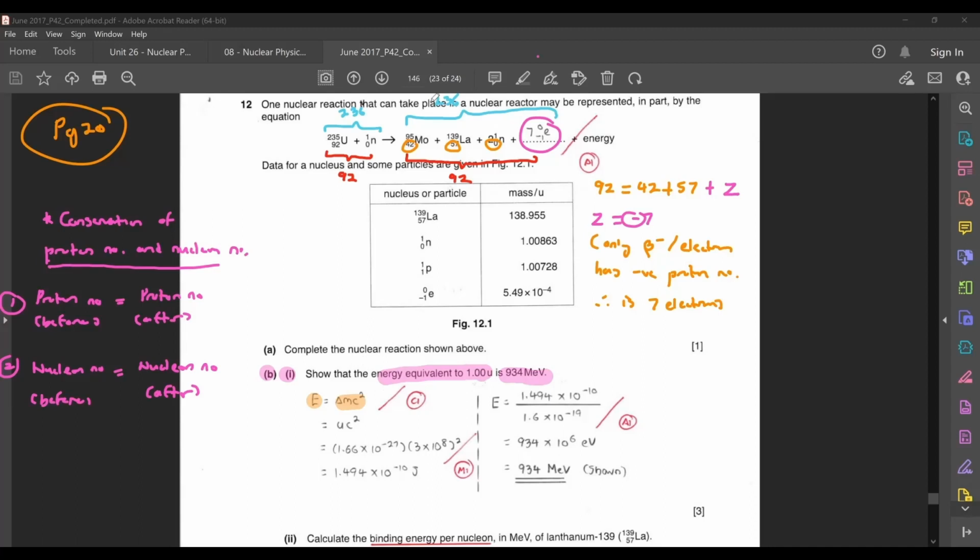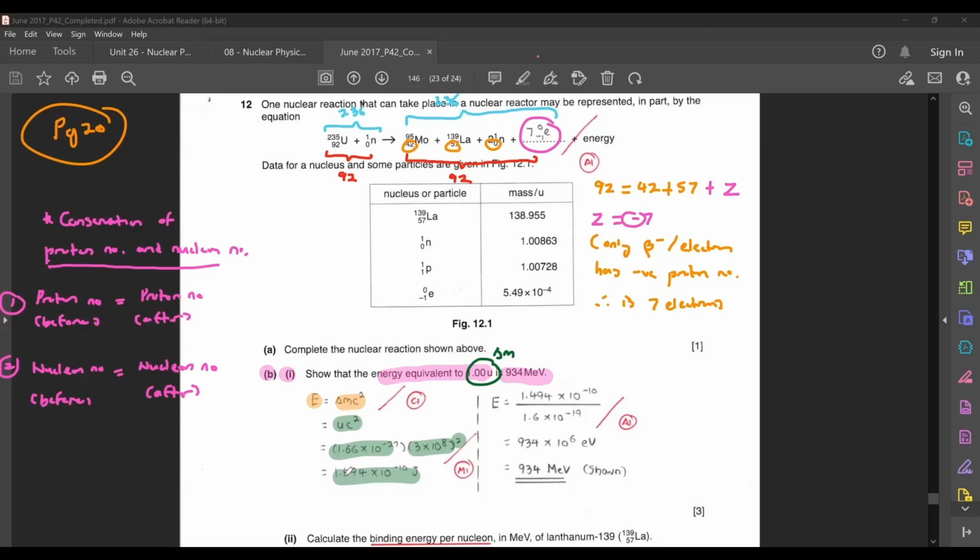In your case, your delta m is actually 1 U, so it's U c squared. Sum in the value of U from your data sheet, multiply with your speed of light squared, and you're going to get this answer here.